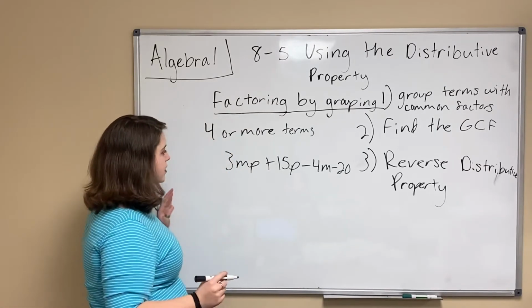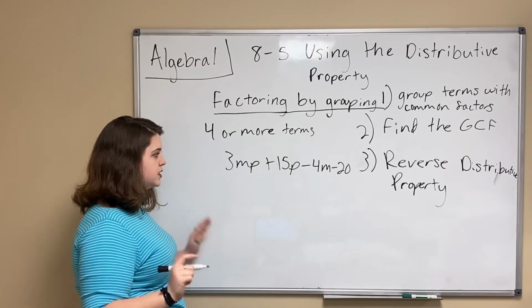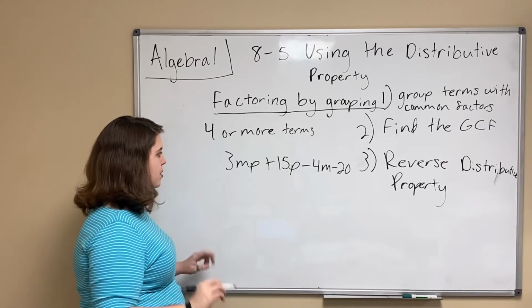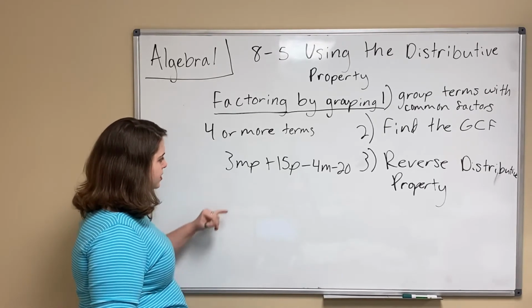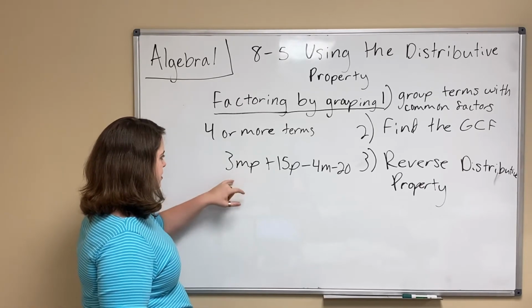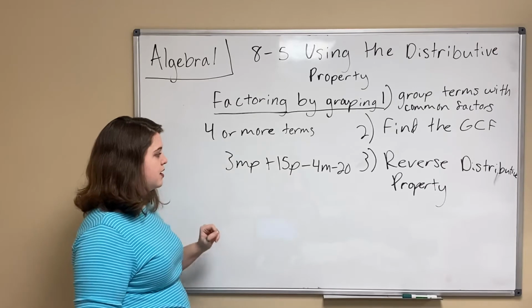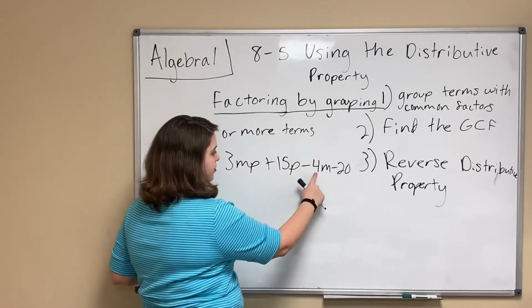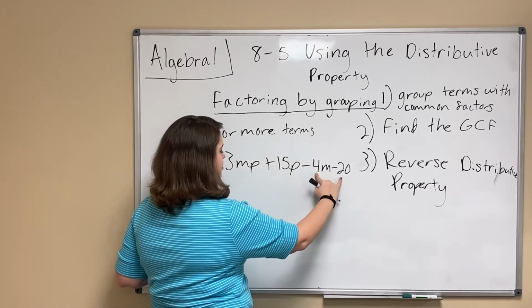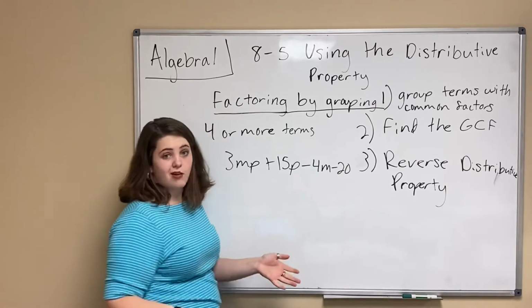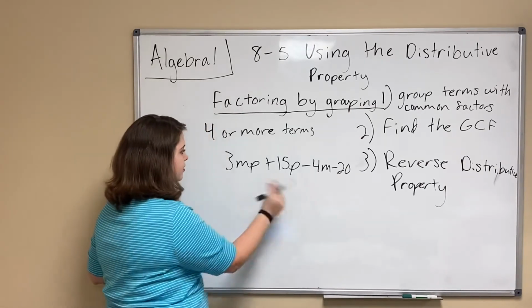Okay, I'm going to do the same thing where I start by grouping them by their like terms. Now it looks like we have a 3 and a p here. We could also take 3 and p out of there. And then we can take 4, or negative 4, out of both of these. So these are already grouped pretty well. So let's go ahead and do that.